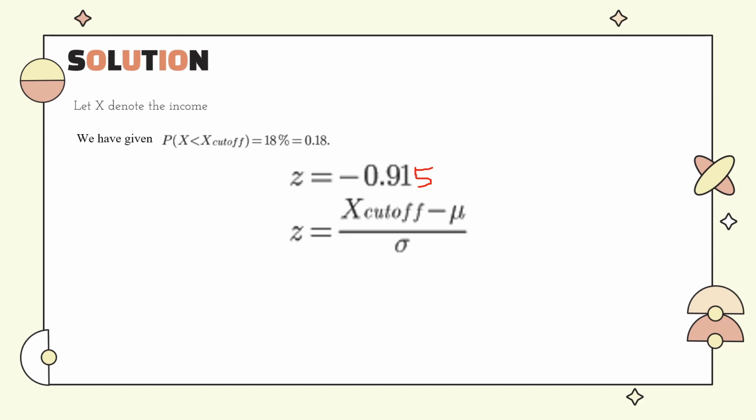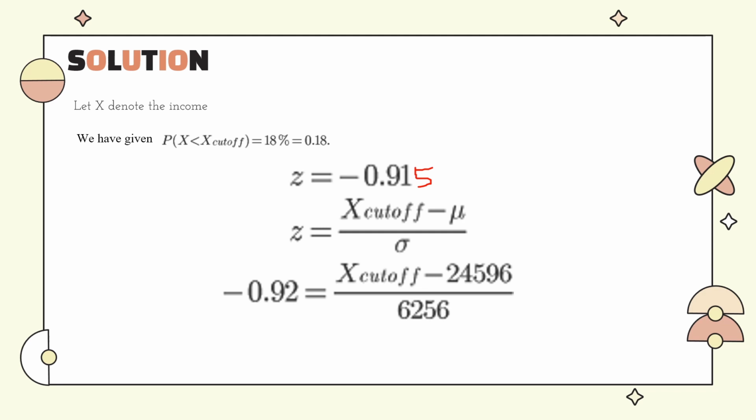So we have the formula Z is equal to income cutoff minus mean over standard deviation. So let's just substitute for our Z. It rounds off, so it became 0.92.